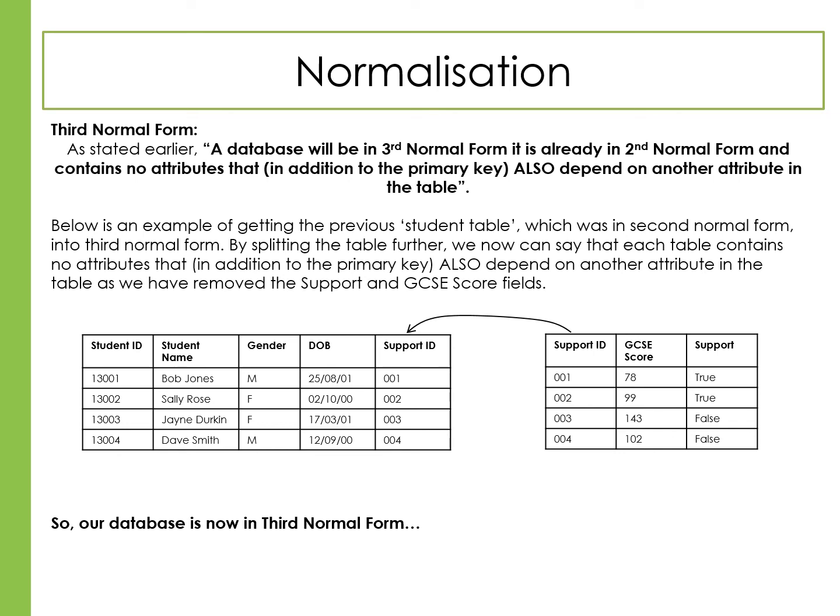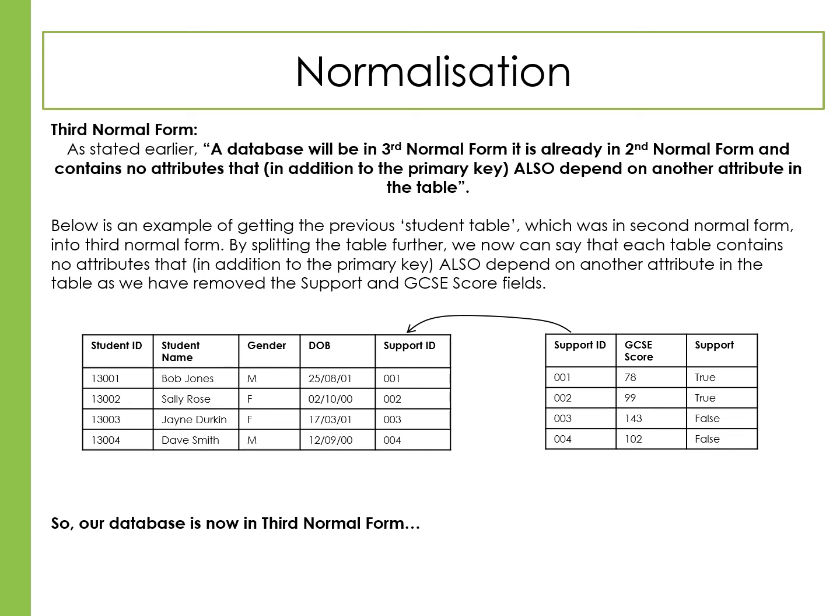So with our student table, remember that was in second normal form, we can move it into third normal form by splitting the table further. So each table contains no attributes apart from the primary key that depend on another attribute in the table. If we remove the support and the GCSE score, we can actually see we're now in third normal form.